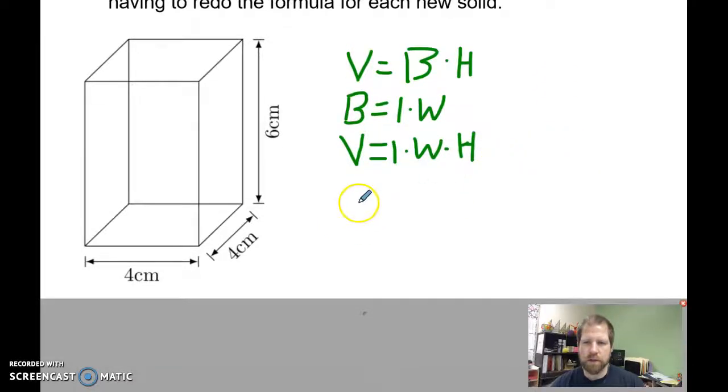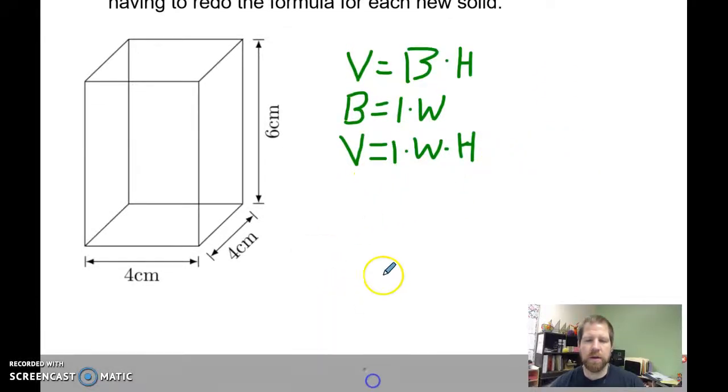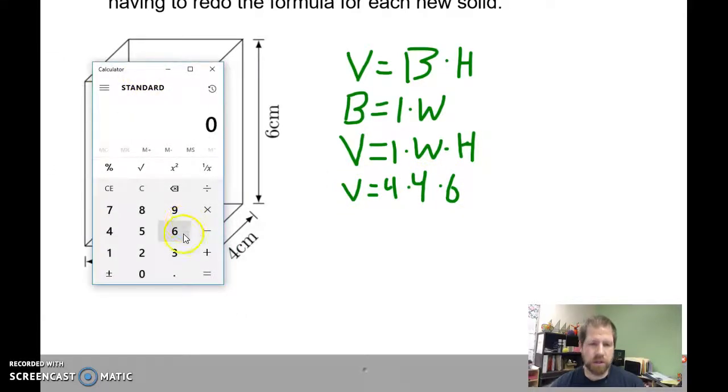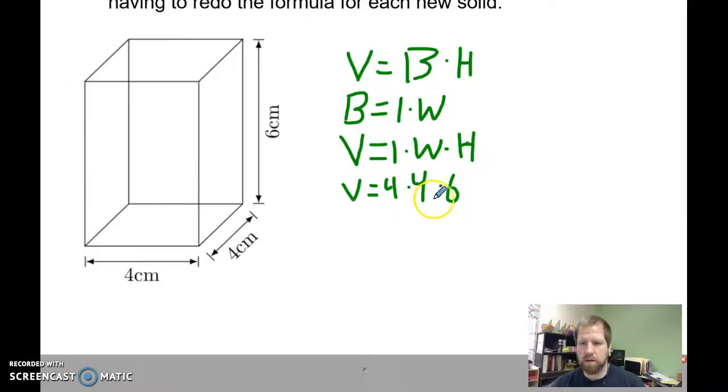Now I'm going to plug in my values to see what my original is. So the volume should equal 4 times 4 times 6, which is 16 times 6, should be 96. But let's check. 4 times 4 times 6, 96. All right, we got it. So the volume of my original is 96.